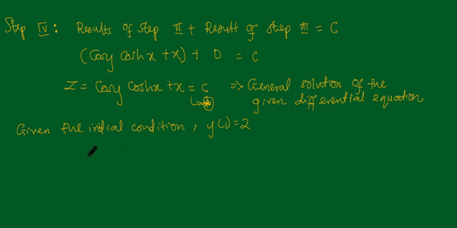So in this case, we want to find c. So we said cos y cos x plus x is equal to c. Now let's substitute x is equal to 1 and y is equal to 2 in this equation.